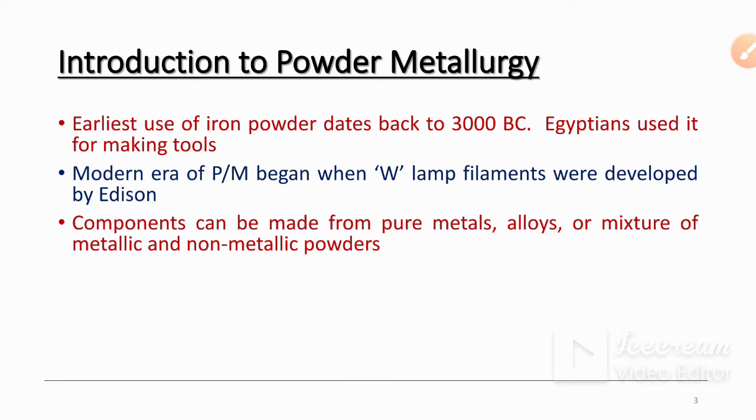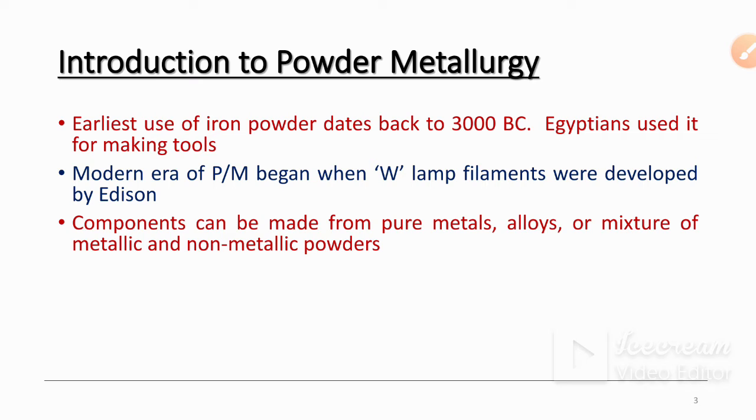Components can be made from pure metals, alloys or a mixture of metallic and non-metallic powder. This is one of the advantages of powder metallurgy. In powder metallurgy you can create a product of pure metal, like pure tungsten, or you can have a mixture of two or more metals, or a mixture of two or more materials.